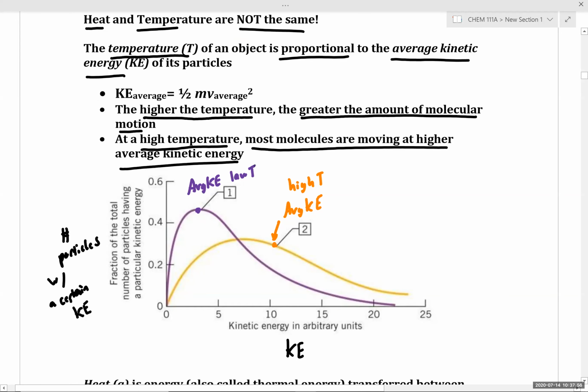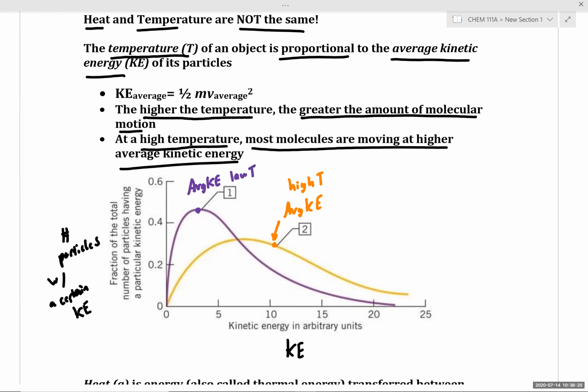One other thing that you notice is that as we look at a high temperature versus a low temperature sample, the high temperature sample has a broader range of accessible kinetic energies. When we think about a collection of particles, the kinetic energy that we use to describe each of these particles is inherently going to be an average.